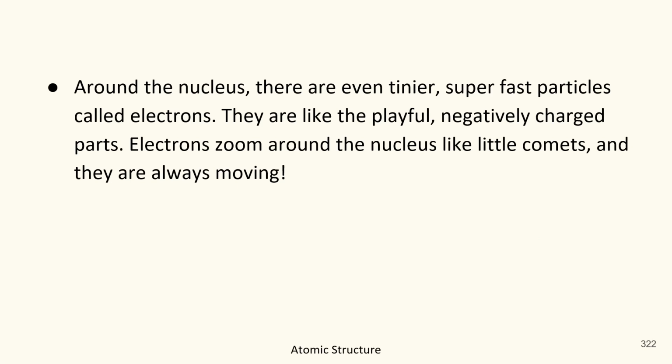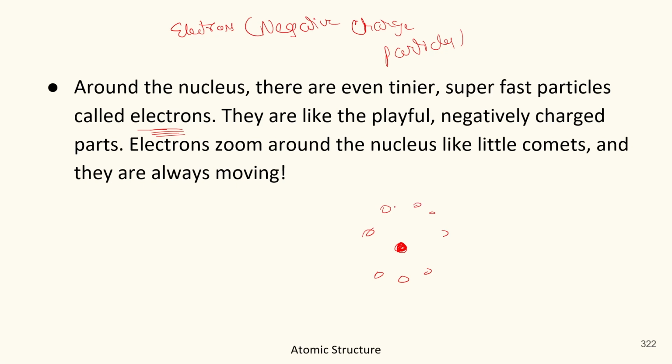Around the nucleus, there are even tinier super particles called electrons. And we know electrons are negatively charged particles, and they are revolving around the center. And why are they not collapsing into it? Because they revolve in a proper, definite way.